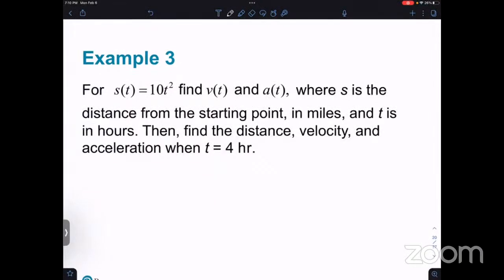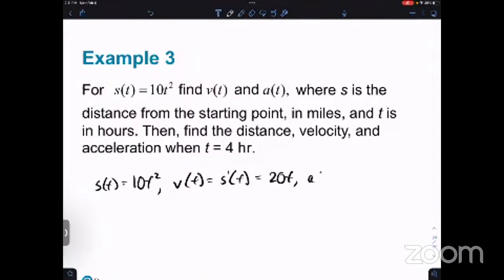Okay, so for this position function, velocity is going to be the first derivative, acceleration is going to be the second derivative. So we got our position function, 10t squared. That means our velocity function is s prime of t, which is 20t. And our acceleration function is the derivative of the velocity function, which is the second derivative of our position function.